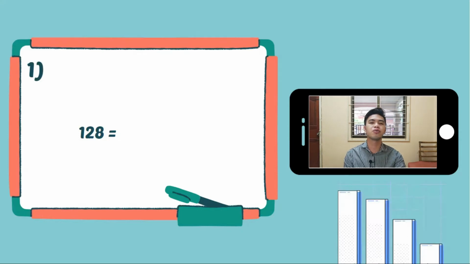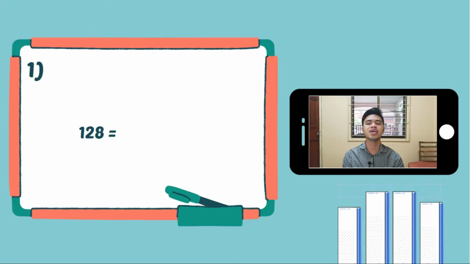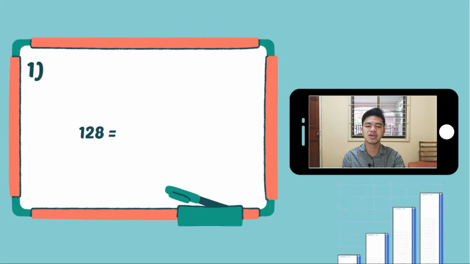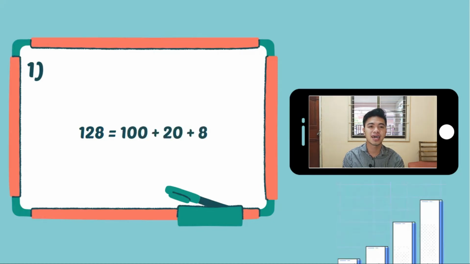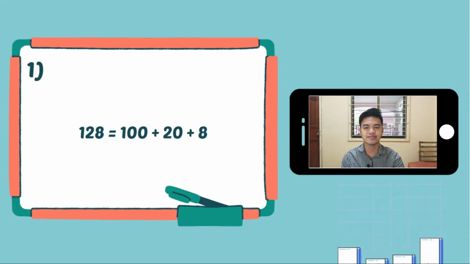Of course, we are going to look first at the digits in each place value. Here we have the 1 in hundreds, 2 in tens, and 8 in ones. So we're going to write it in expanded form. It will be 100 plus 20 plus 8. Okay? 100 plus 20 plus 8 is equal to 128.